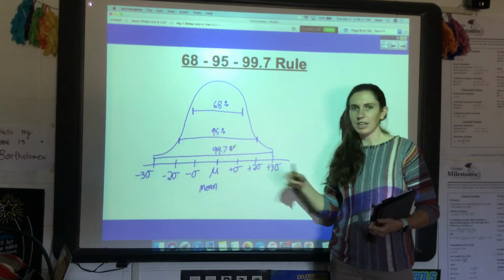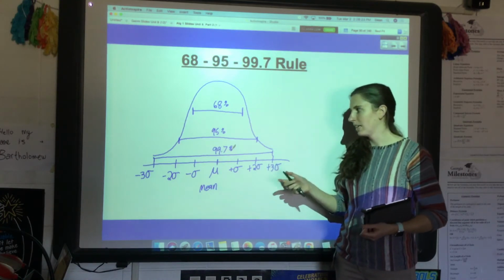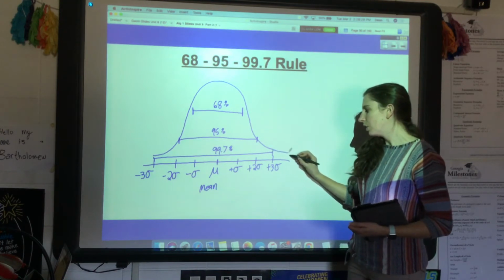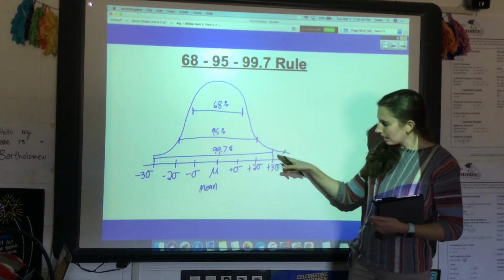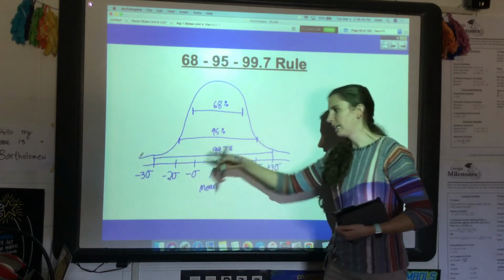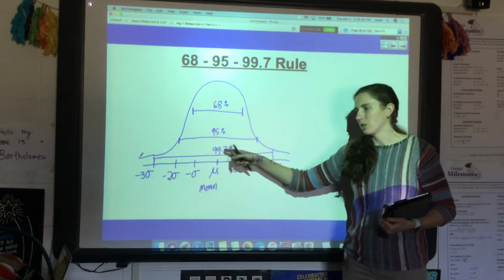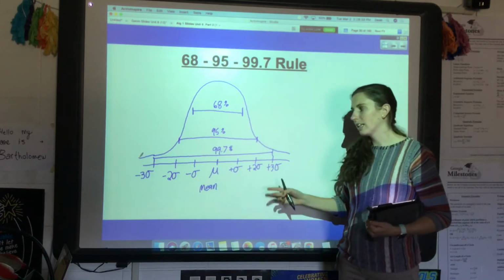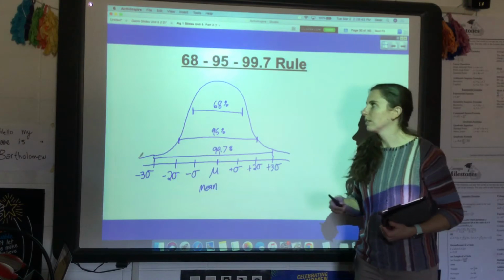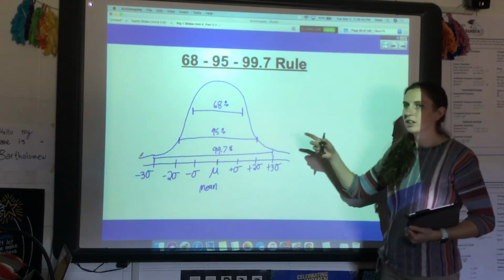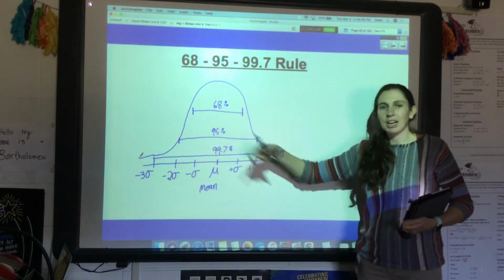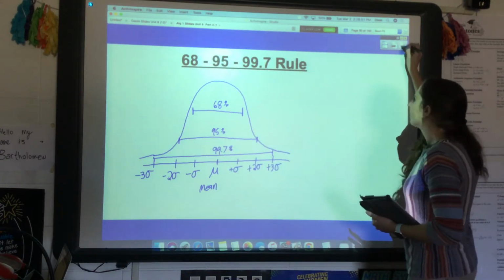That's why that standard deviation that we found in the last unit is important. It can tell us this stuff about the data. Note that there are a few lingering out here, an additional 0.3% on either end, but that's almost everybody. 99.7% of the data would fall from -3 to +3 standard deviations. So that's called the 68, 95, 99.7 rule. You do need to memorize those numbers, by the way.